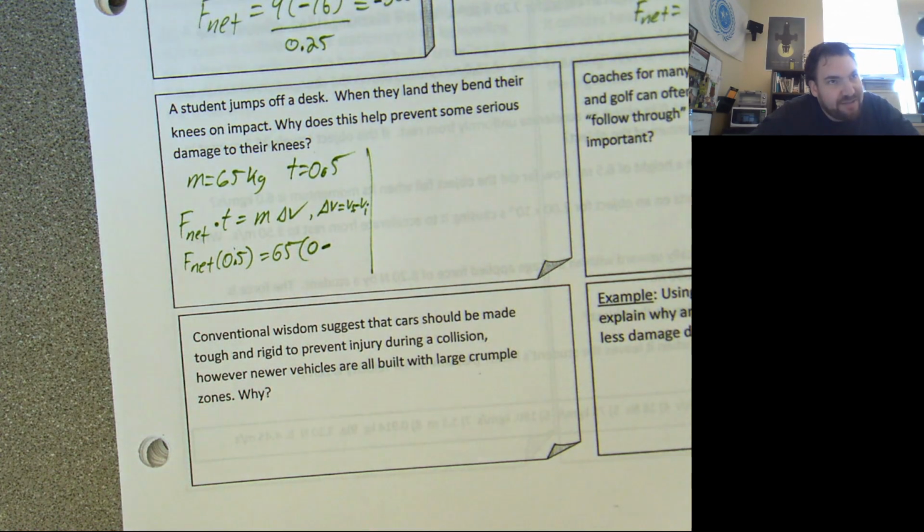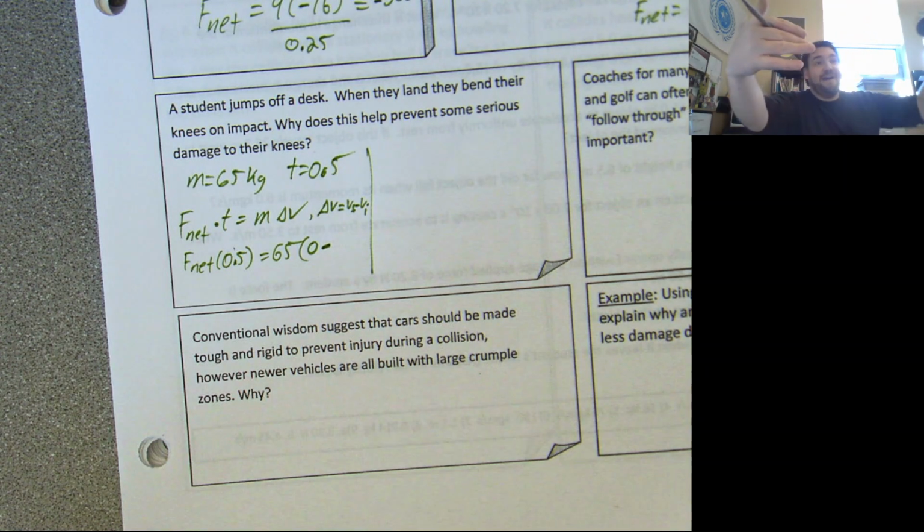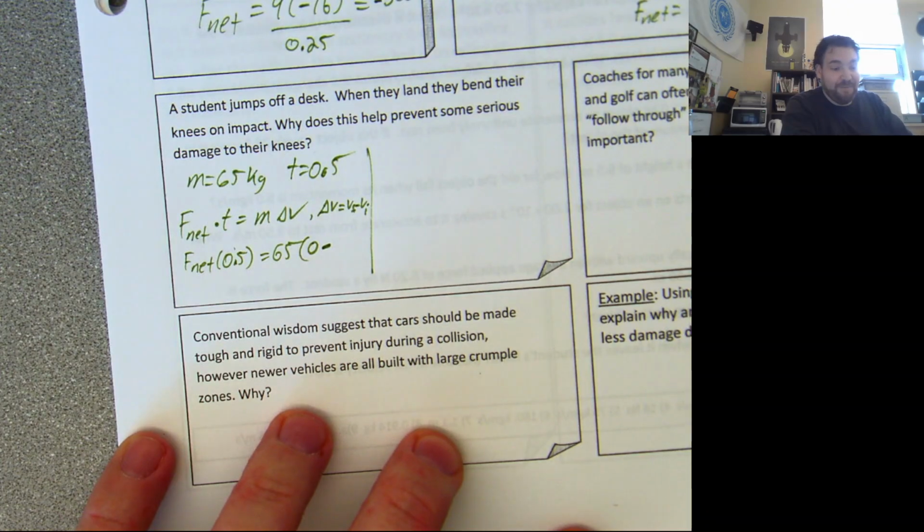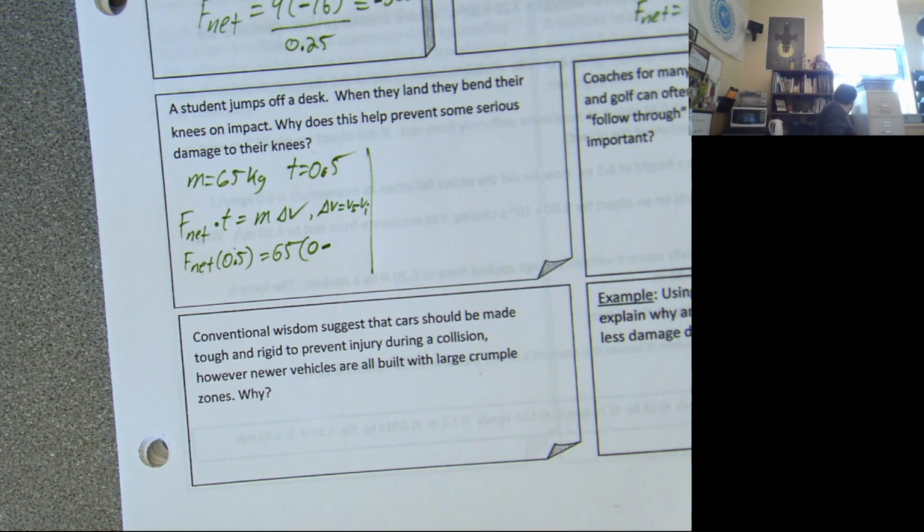What was the initial velocity for my landing? The initial velocity for my landing is the same as the final velocity for my falling, right? So what's the final velocity for my falling? How far did I fall?